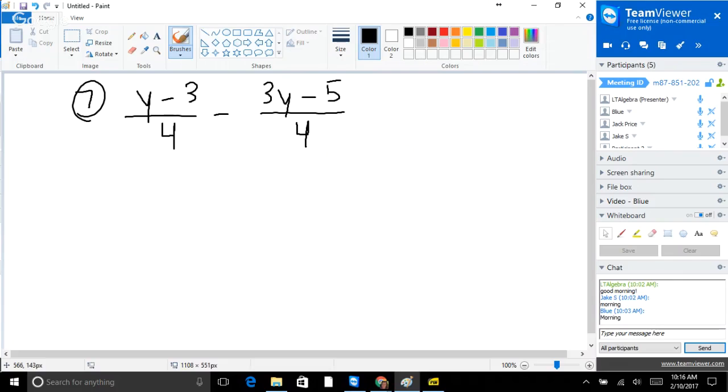We're good on one aspect because they both have a denominator of 4, so that's really good. So you guys try that for a minute, and then I'll jump in and start.